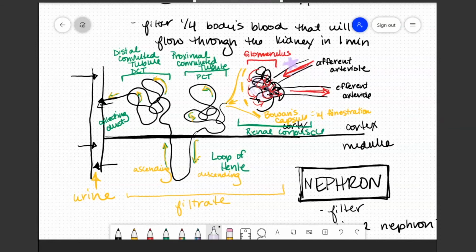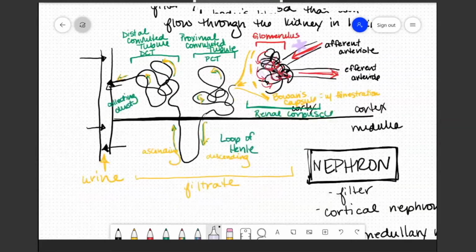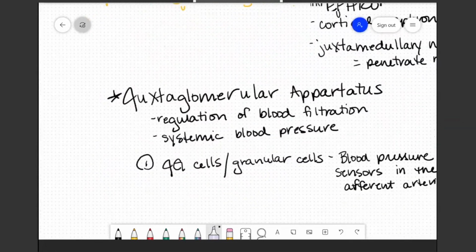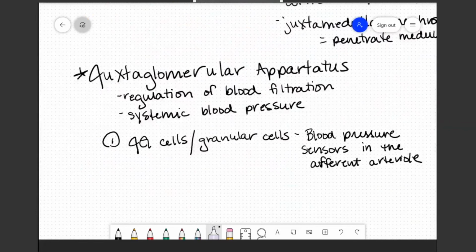So the systemic pressure of the blood flowing through your arteriole and flowing into your glomerulus is highly, highly important to be able to filter out what it needs to. So your juxtaglomerular apparatus is going to be responsible for doing that through the JG cells that are found in your afferent arteriole.